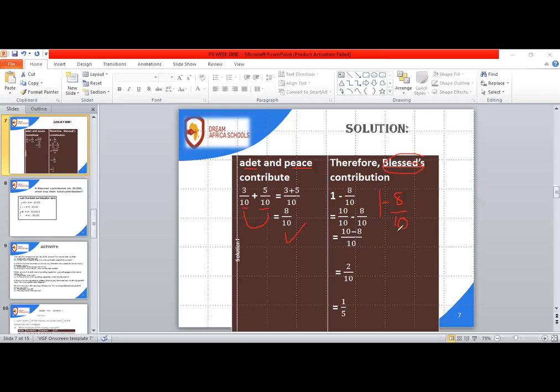What am I trying to show you there? Is that this denominator determines the whole. That's why at these steps you see here, the whole has been represented with 10 out of 10. You get it? Minus the contribution for Adet and Peace to give us a result of 2 out of 10.